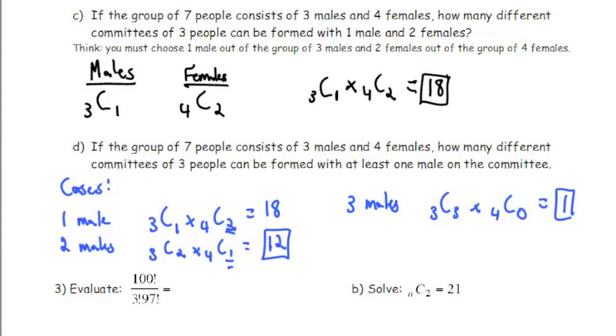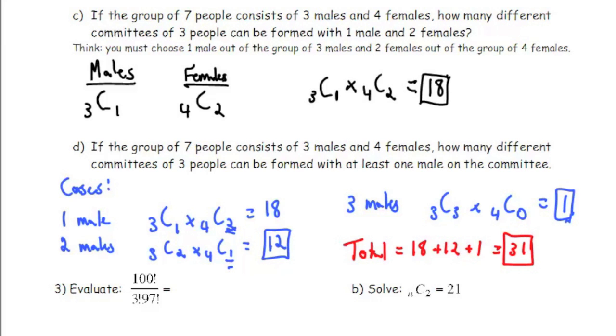If that's the case, we have 3, we're selecting 3, there's only one way of doing so, given that ABC is the same as BCA, etc., which gives us an answer of 1. So the total number of ways that we can create the committee of 3 people with at least 1 male is equal to 18 plus 12 plus 1, which is just equal to 31.